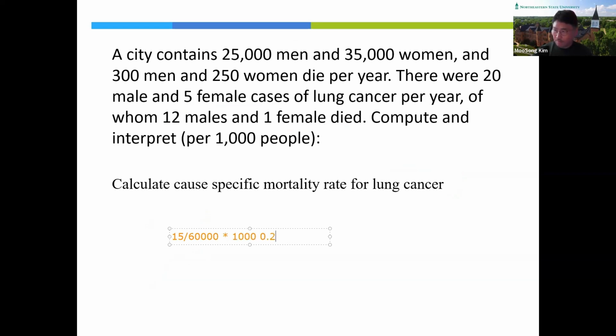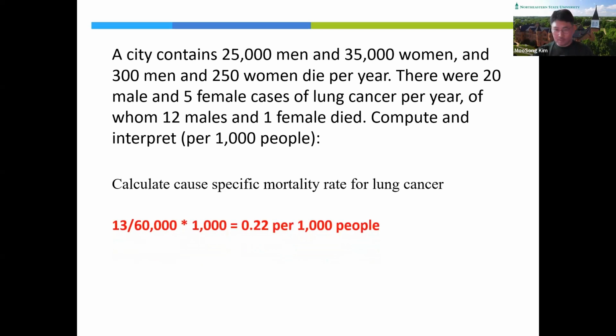So we got 0.22 per 1,000 people, right? So we got this number for the cause-specific mortality rate for lung cancer. Okay, good.